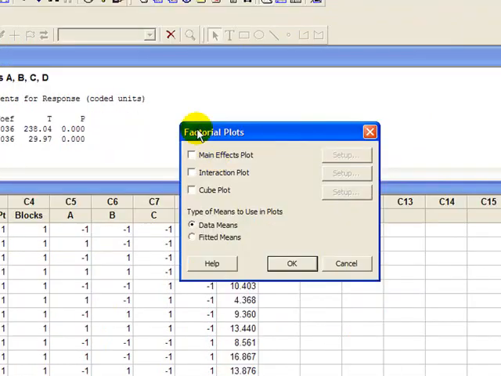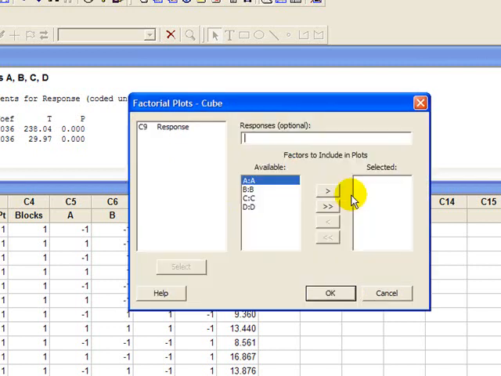I can make a main effects plot, then I can create interaction plots, and I can also create cube plots. So basically I will select cube plot. I can plot all of them, and all of them give me a very good picture of the process, but this time I will focus only on the cube plot. And then we need to go to Setup, right?